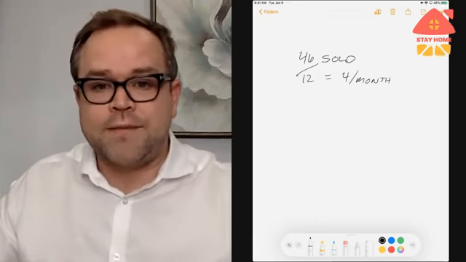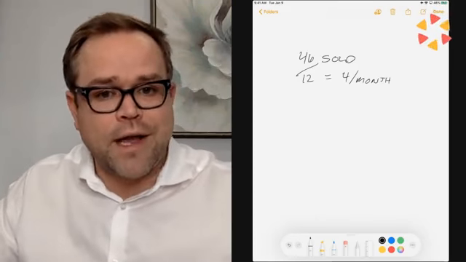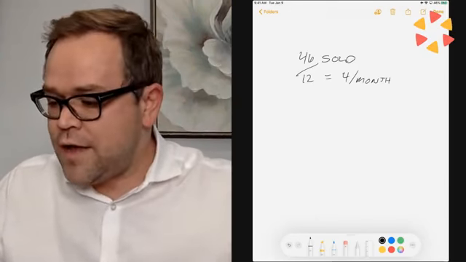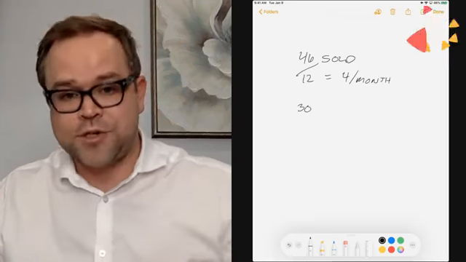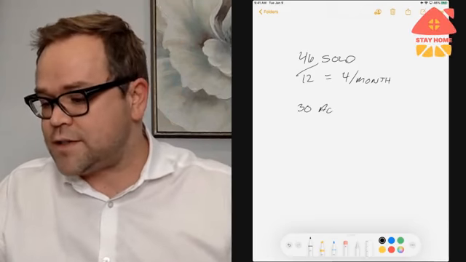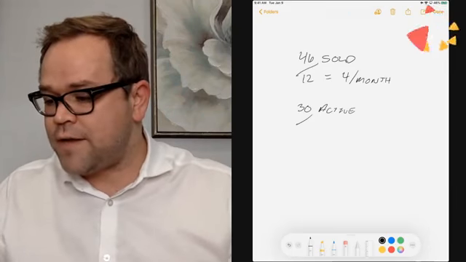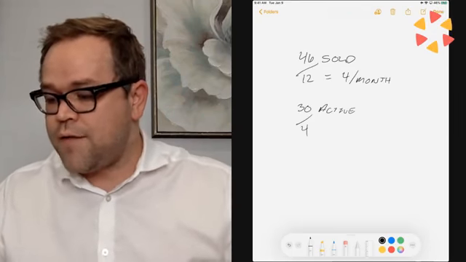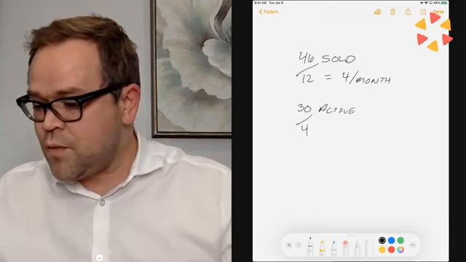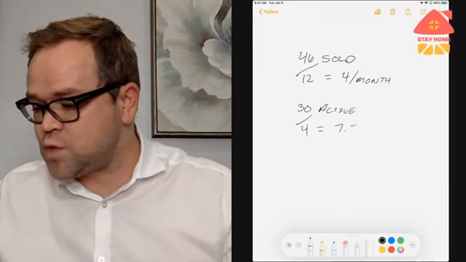So then what I said is, well, how many are active right now? So right now, in that same search area, there's 30 active listings. So if I took those 30 and I divided them by the 4 that are selling per month, what that's going to give me is the absorption rate.